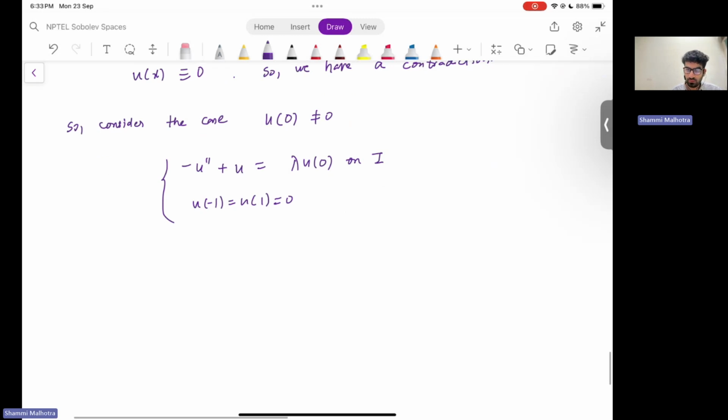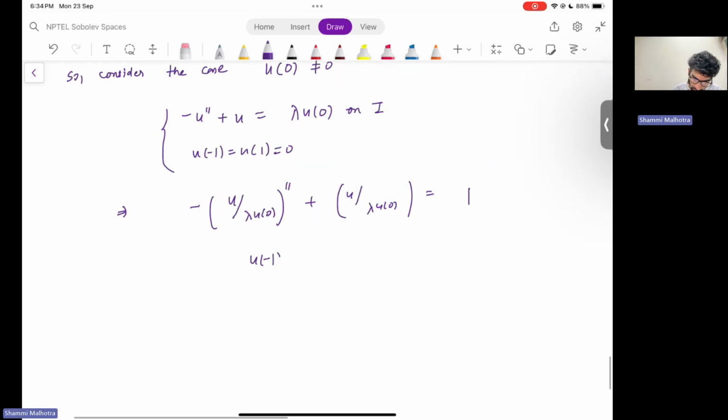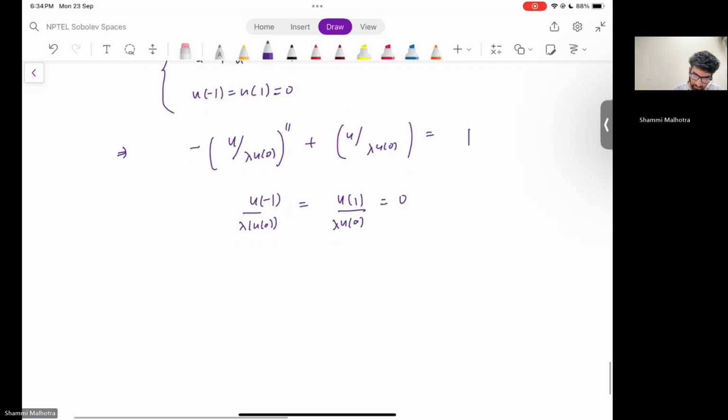Now, since u0 is non-zero, I can divide by it, and because of linearity we can consider u divided by lambda u0, so the right side becomes 1, and since u(minus 1) is 0, the boundary values are again 0.